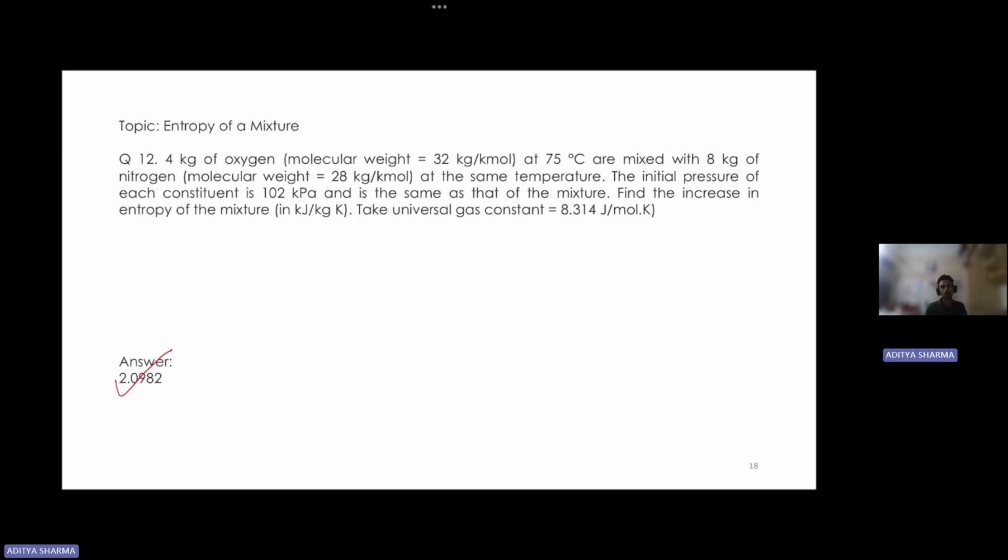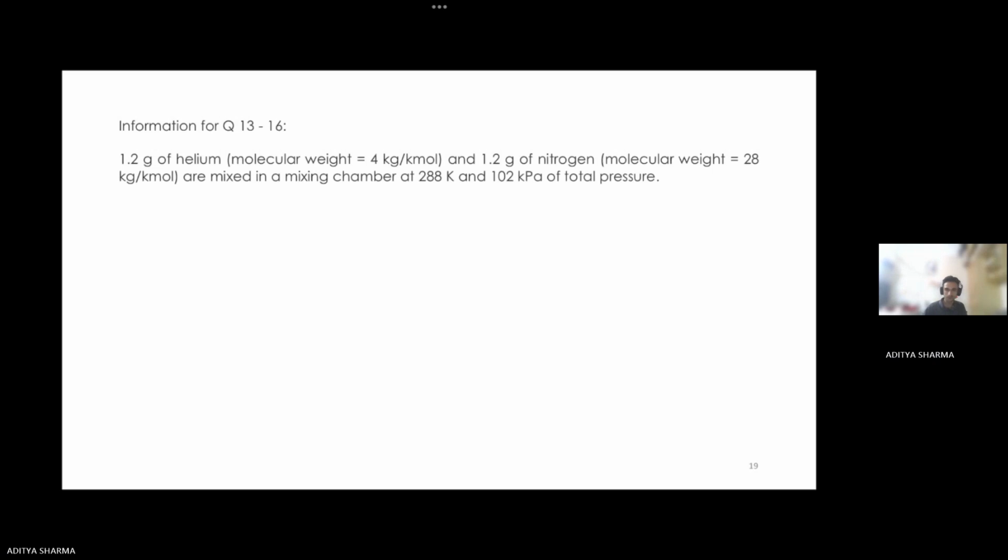now moving on to the next numerical. So there are 4 set of numericals based on this information.